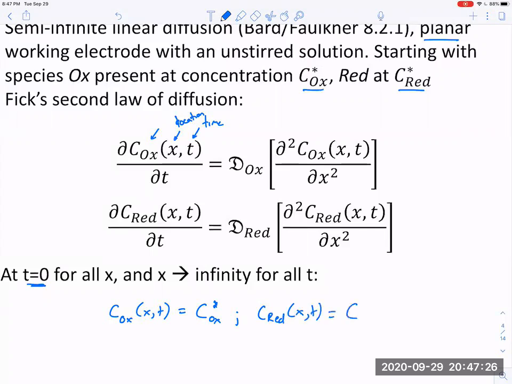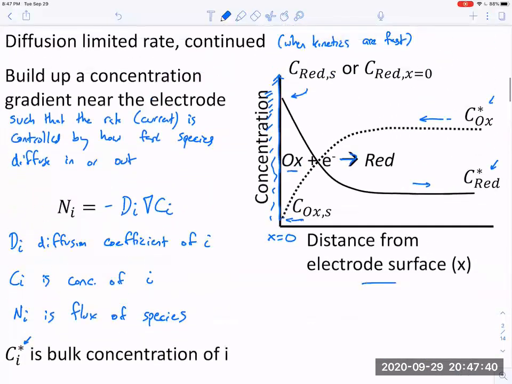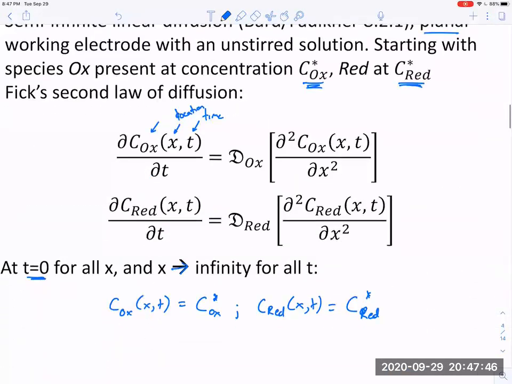In addition to at time t equals 0, as x goes to infinity, so as we go semi-infinitely far from the electrode surface, this will also be true for all time.